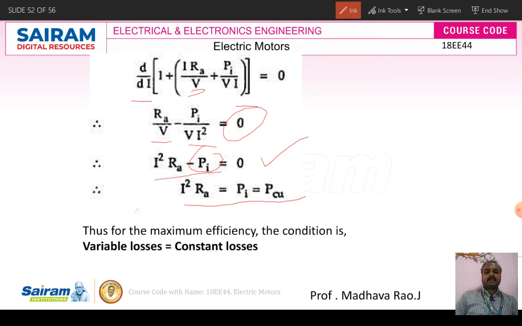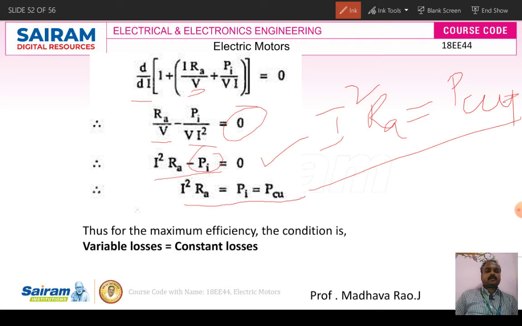I square Ra we take as the copper losses Pcu. So copper losses equal iron losses, and in this case we get maximum efficiency from the DC machine.